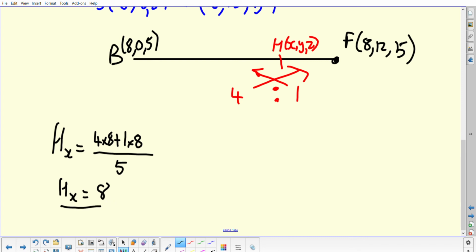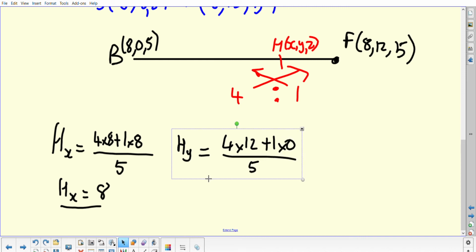And then we're going to have Y. So the Y coordinate 4 times 12 plus 1 times 0 all over 5. So we're going to have 48 over 5. So that's not going to work out to a nice number.